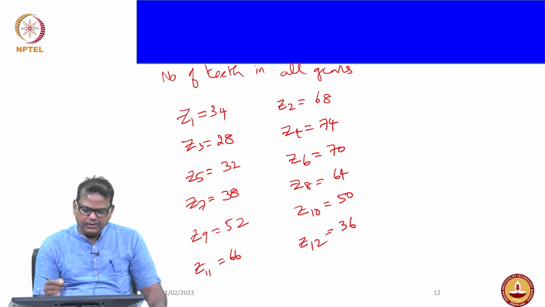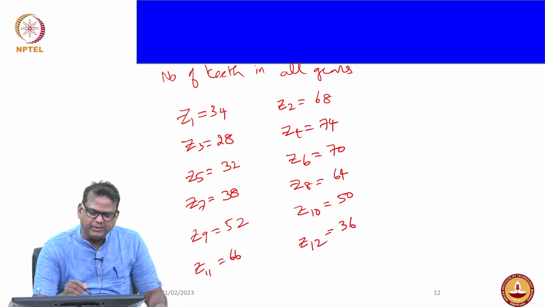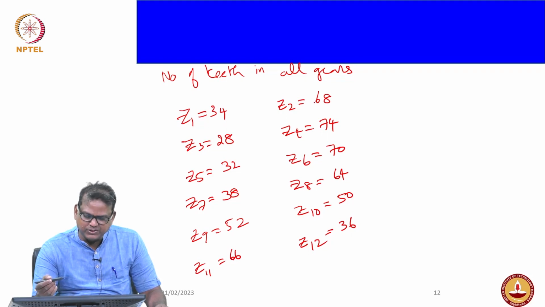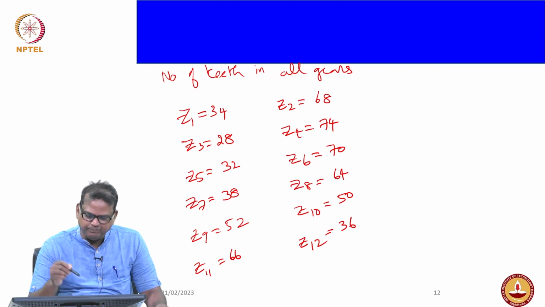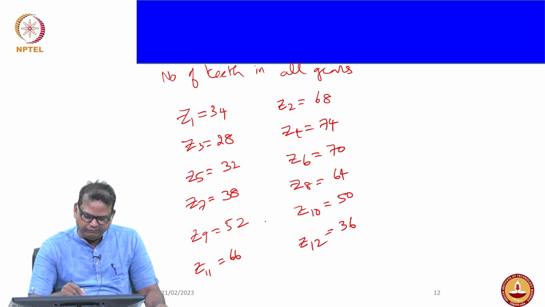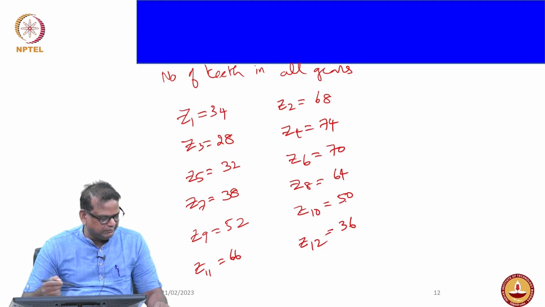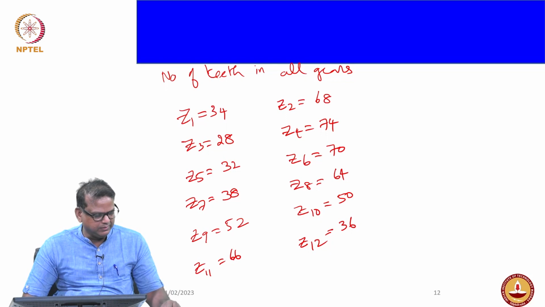And if you do the summation of each meshing pair, Z1 plus Z2 and so on, that should match: 34, 68, 28, 74, 32, 70, 38, 64, 50, 50. All teeth are matching.